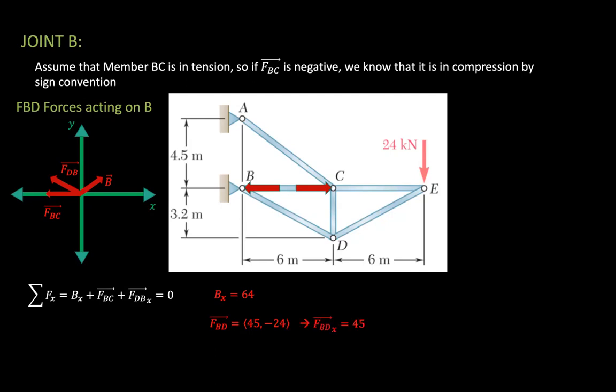So we know that the F_BD x component is equal to 45 kilonewtons, and that the F_DB x component is equal to negative 45 kilonewtons. So plugging all those in, we have 64 plus F_BC minus 45 is equal to 0. Solving for F_BC, we have F_BC is equal to negative 19 kilonewtons. So that means that it's in compression.